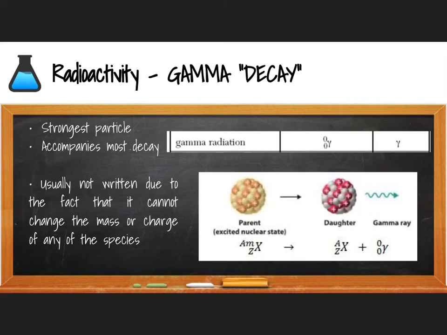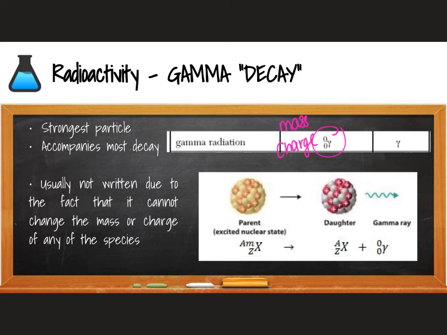It's not written because it cannot change the mass or the charge of any of the species, because if you look at its notation, the top number and the bottom number are both 0. So the mass, again, is the top number, and the charge is the bottom number. So if those are both 0, it's not going to change anything about the nuclide that's undergoing this type of quote-unquote decay. It's really just going to emit this type of radiation, which again is a very strong type of radiation.